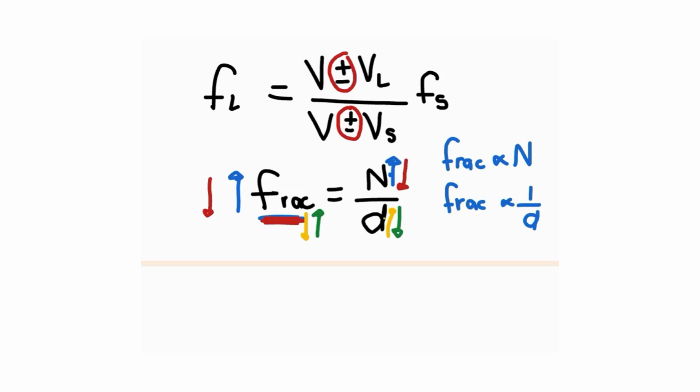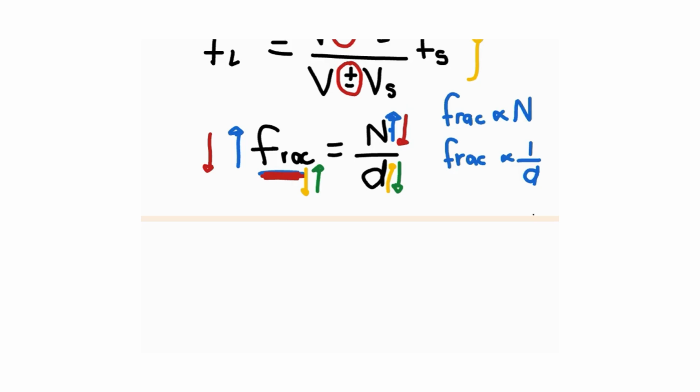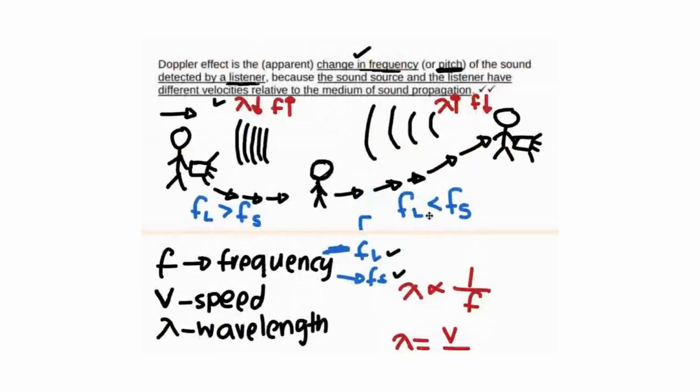I want you to grab the fraction part for now, because I'm going to show you how we are going to apply it on the Doppler effect equation. I'm going to introduce some cases, because in the Doppler effect, guys, so far I've only mentioned that the sound source is moving.